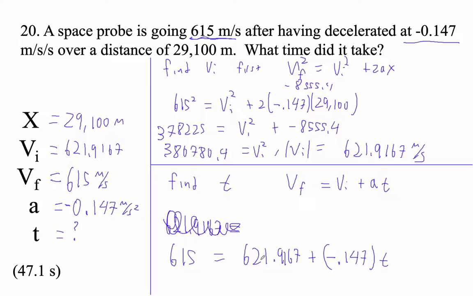So 615 minus that guy, and I get negative 6.9167 is equal to negative 0.147 times t, and then I'm going to divide both sides by negative 0.147, and I get 47.05. So t equals 47.1 seconds.